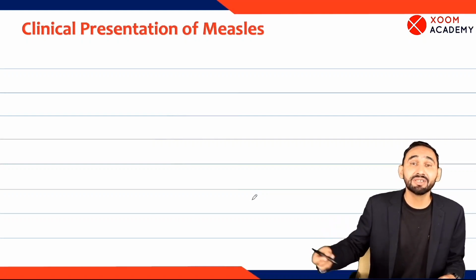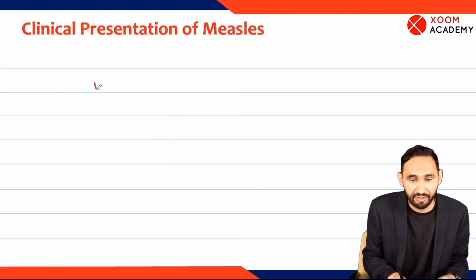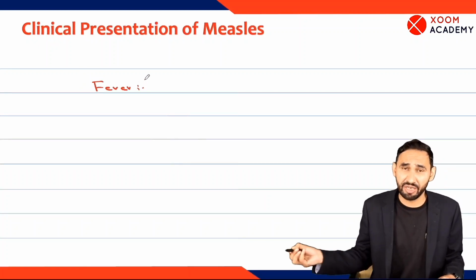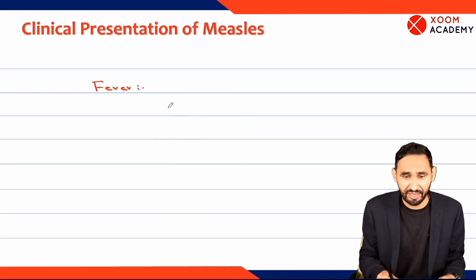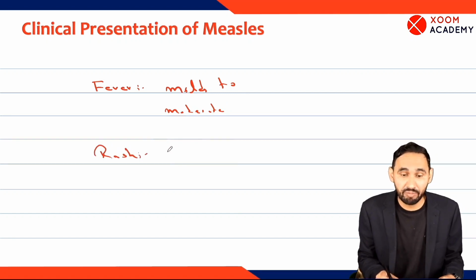What are the clinical features of measles? You have to remember three things. Number one, fever. There is mild to moderate fever, not high grade fever in measles. So we can say mild to moderate fever. Then rash. Which type of rash? Maculopapular.